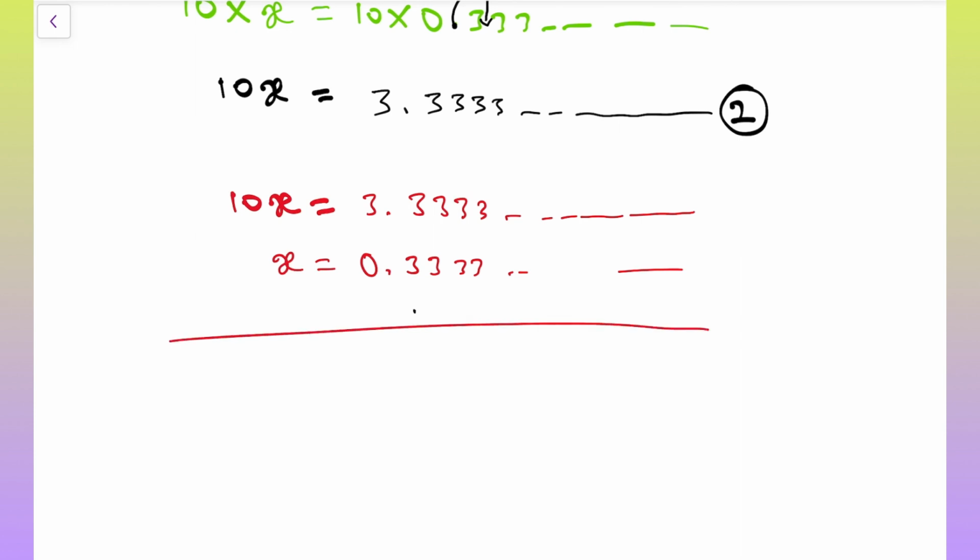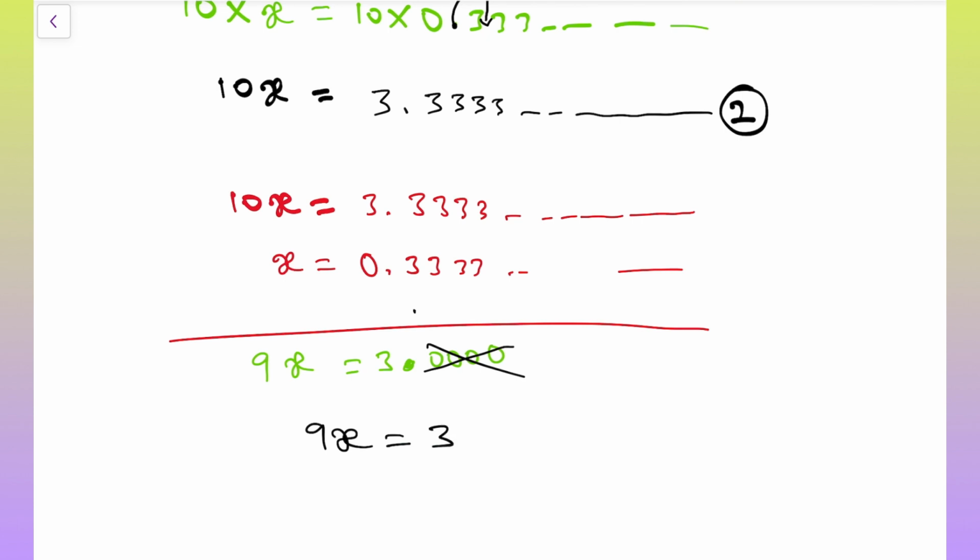Let us do the subtraction. 3 minus 3 is 0, 3 minus 3 is 0, 3 minus 3 is 0, and under the dot keep the dot only. 3 minus 0, 3. 10x minus x, 9x. Now here, after the decimal, these all are zeros only, and zeros after the decimal don't have any value. So you can remove these decimals clearly. Then you will get 9x is equal to 3.